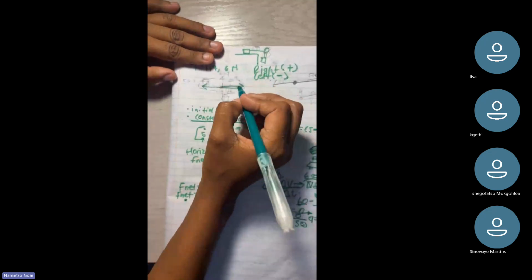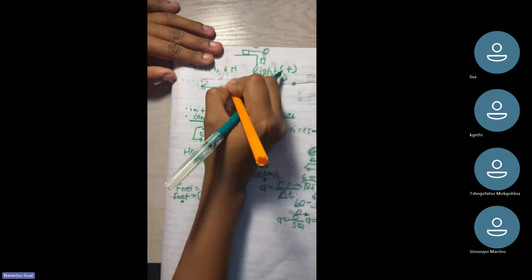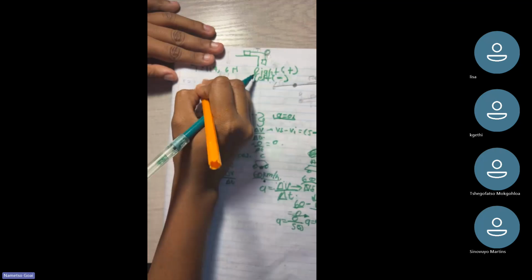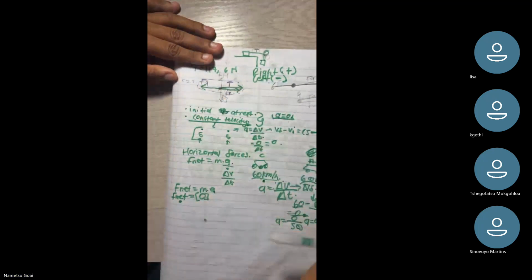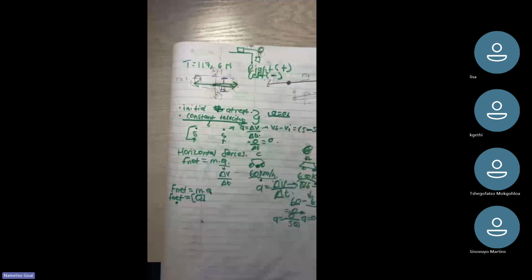How would you guys substitute them? Remember, in the horizontal forces, we have three forces. We have tension, we have F applied, and we have FK. So please tell me, how would we substitute them?